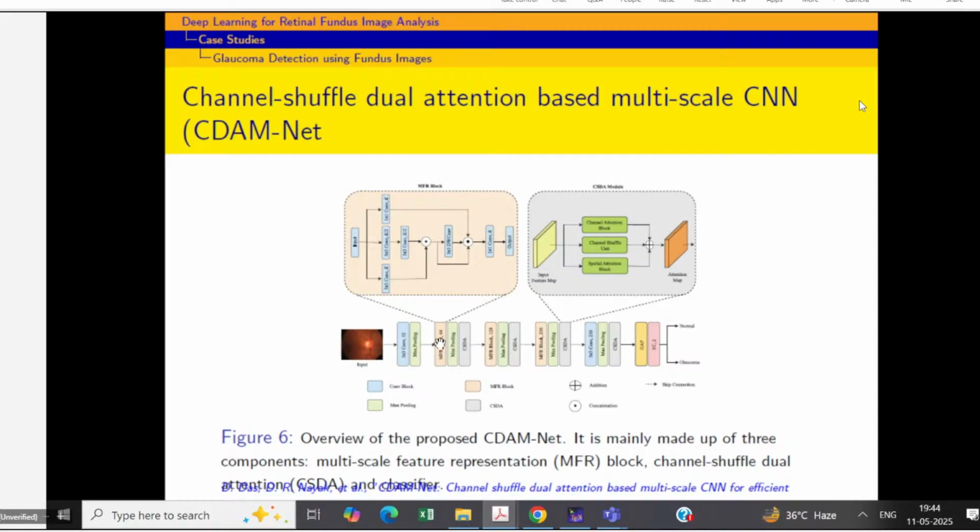Then we have applied a multi-scale feature representation block, MFR block. The goal was to learn features at different scales by enlarging the receptive field, but not by using large filters like 3 cross 3, 5 cross 5, 7 cross 7. The same thing has been implemented with only 3 cross 3 and 1 cross 1 filters, so that the number of parameters will be reduced.